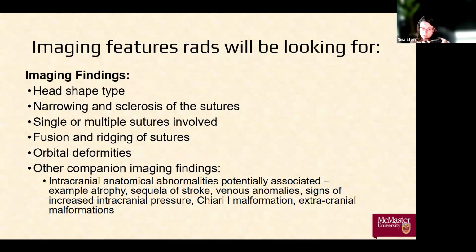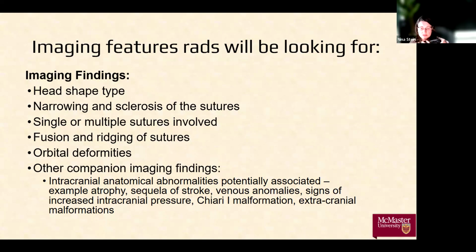You're going to look at all the sutures, so if it's a single problem or if it's involving multiple sutures, and look at the shape of the orbits as well, right? So if clinically looking at the patient, you see those funny orbits, you're going to be able to see that on imaging as well.